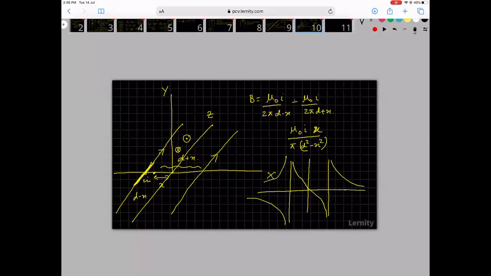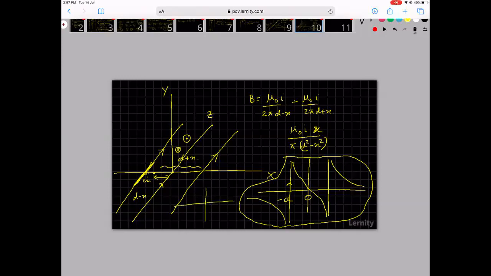So this is how the diagram looks. This is the origin, this is minus A. As you reach minus A, the magnetic field of this wire dominates. The magnetic field of this wire is inside the plane of paper, which means it will be the reverse.